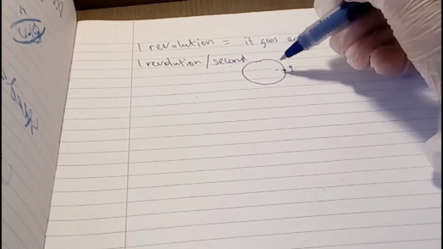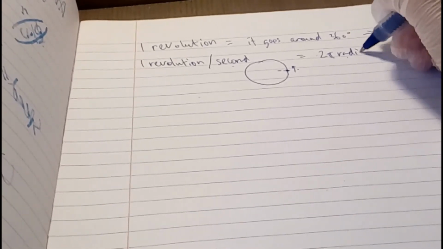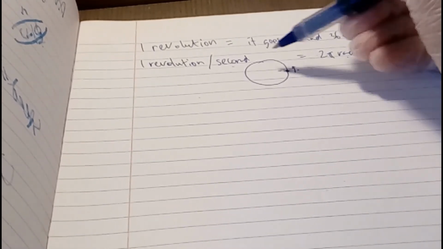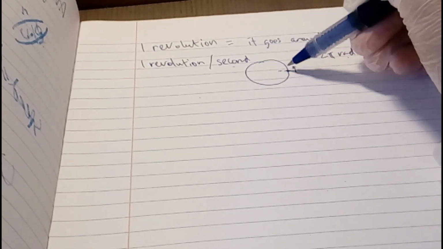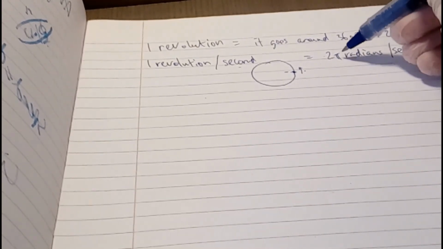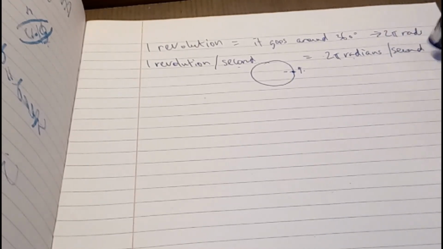So 1 revolution per second is 2 pi radians per second.